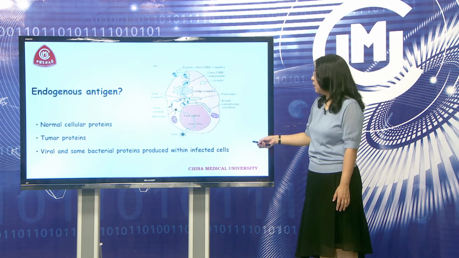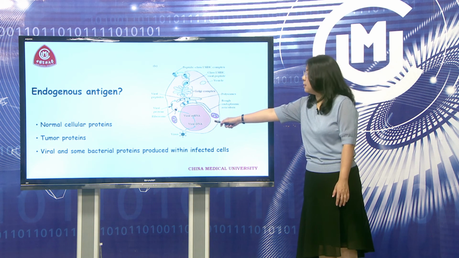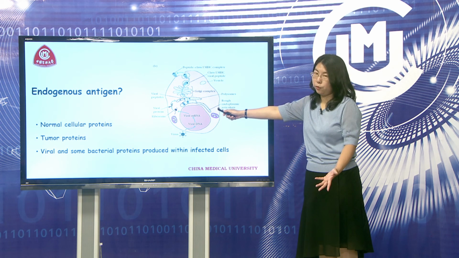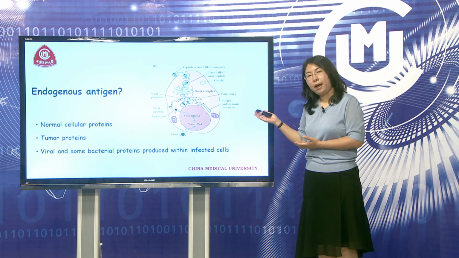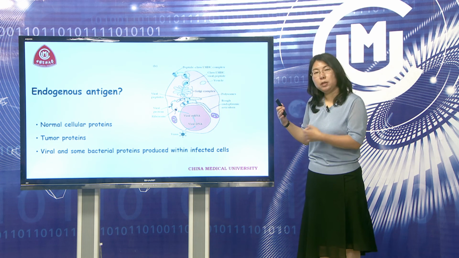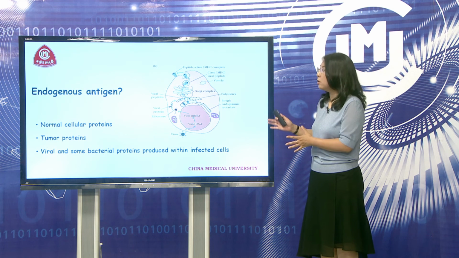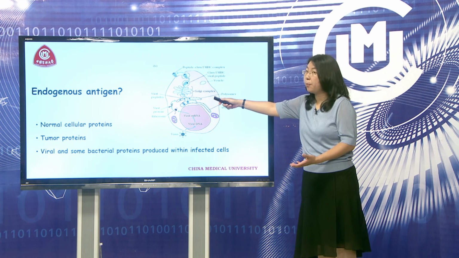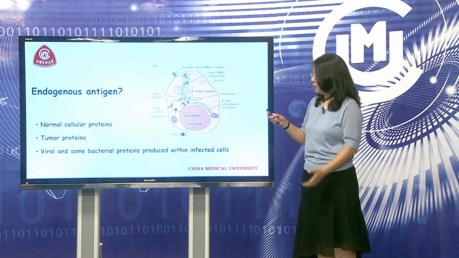But if a living virus invades into the cell, and inside the cell they grow and become 1 to 2, 2 to 4, they produce new virus. So this kind of antigen, we call it endogenous antigen. So the difference between endogenous antigen and exogenous antigen is whether they can grow inside or whether they can produce new protein inside the cell. So this is the difference.